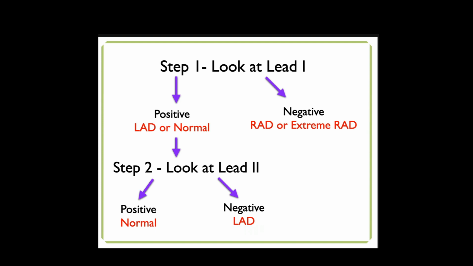There's nothing I can think of where you would say, let me see if it's extreme right axis deviation so I can rule this thing out. It doesn't work like that. So if you're going to keep axis in your repertoire when you're on scene, this is one way to streamline it a little bit: just look at lead 1 and lead 2.